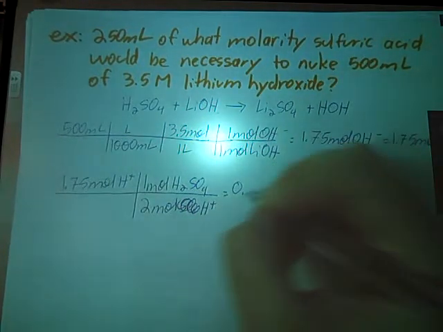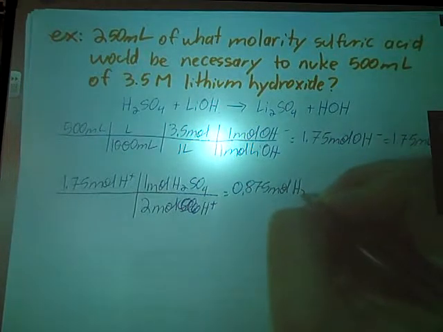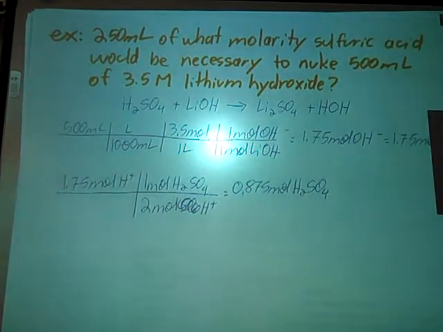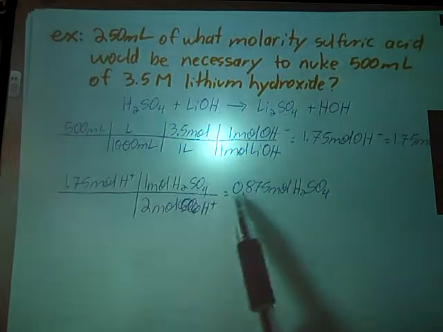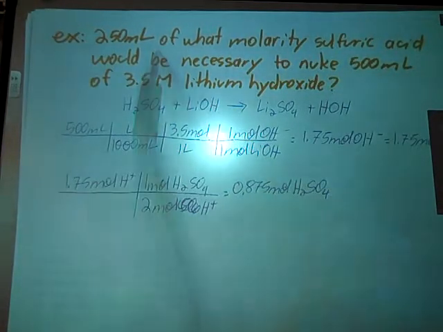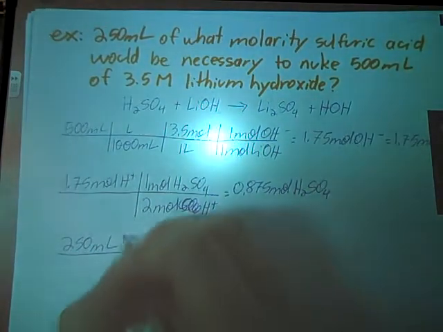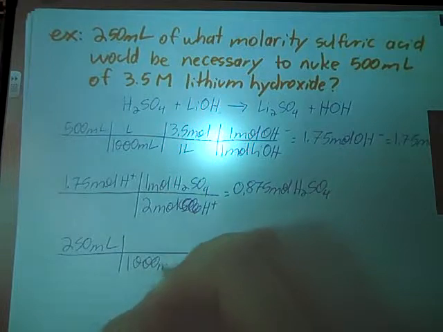So I only need 0.875 moles of my sulfuric acid to get that 1.75 moles that I need to nuke my base. I need to have those 0.875 moles in a 250 milliliter volume. Well, I can't get molarity with milliliters. I gotta take it to liters.